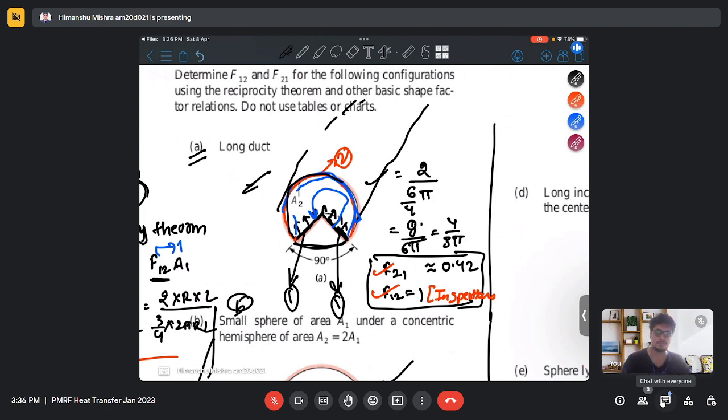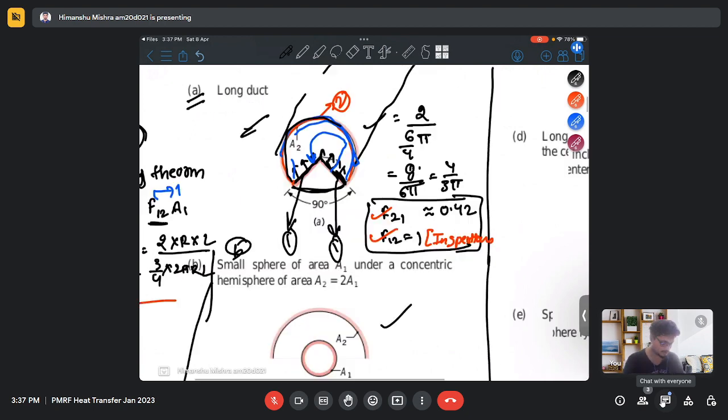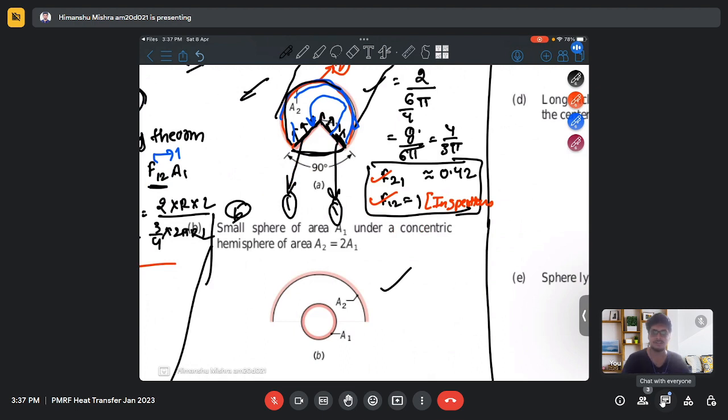So here in this question it doesn't matter, because we don't need to find the net rate of heat transfer. We just need to find the amount of radiation which can be received by each surface. That's it. So the basic assumption is that all surfaces in the problem are radiating.